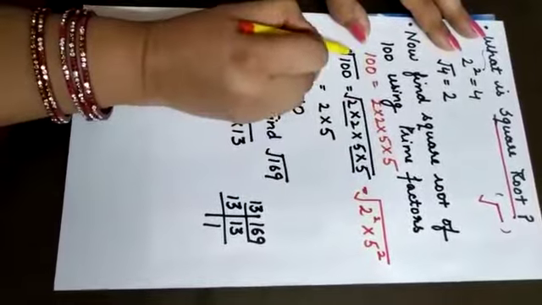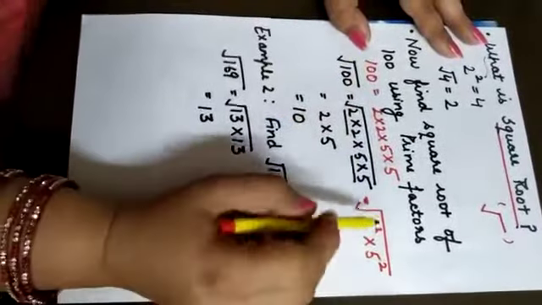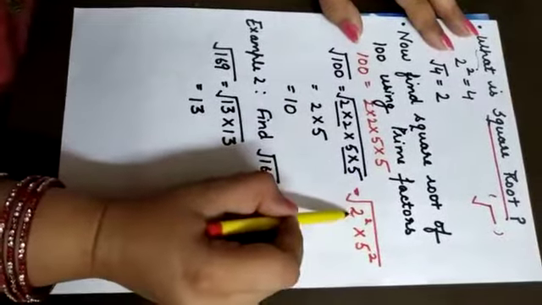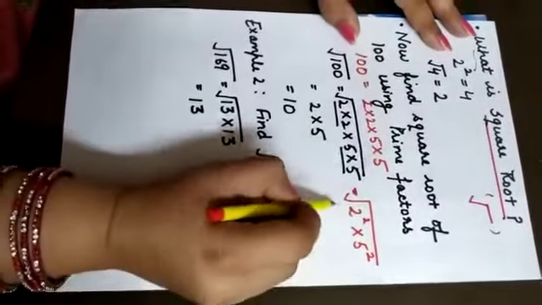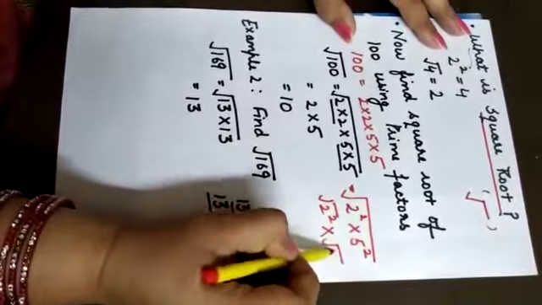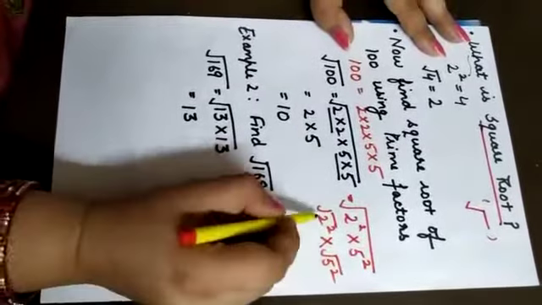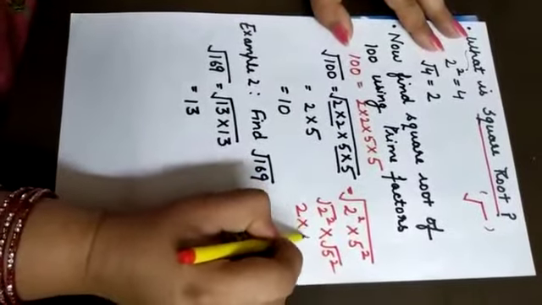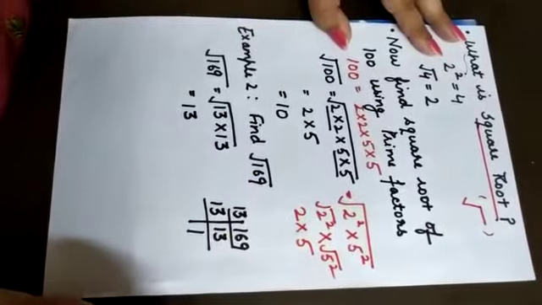So we took the square root on both sides, and then we arranged these factors as 2 square into 5 square. So can I say square root of 2 square and square root of 5 square? Right? So this comes out to be 2 and this comes out to be 5.